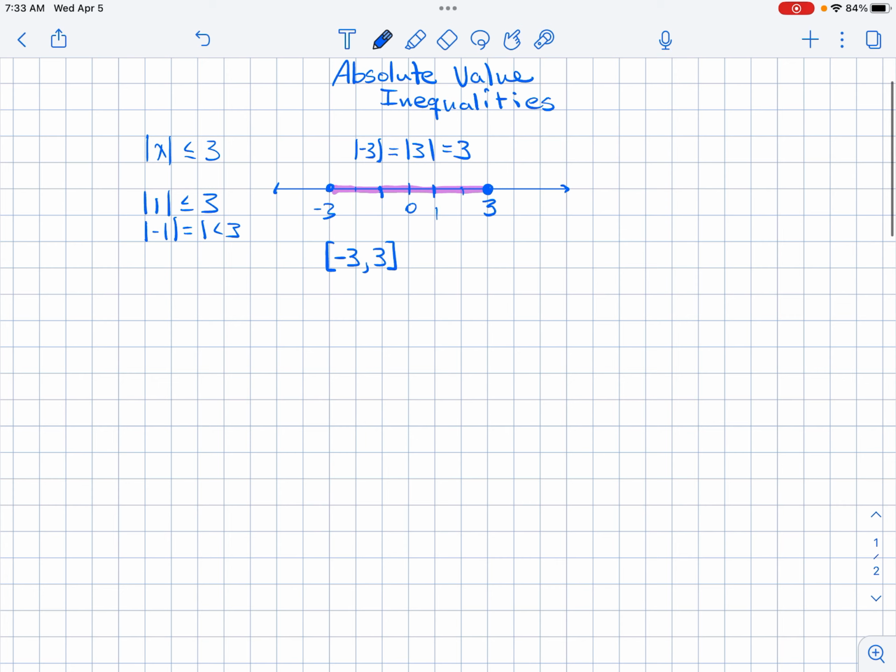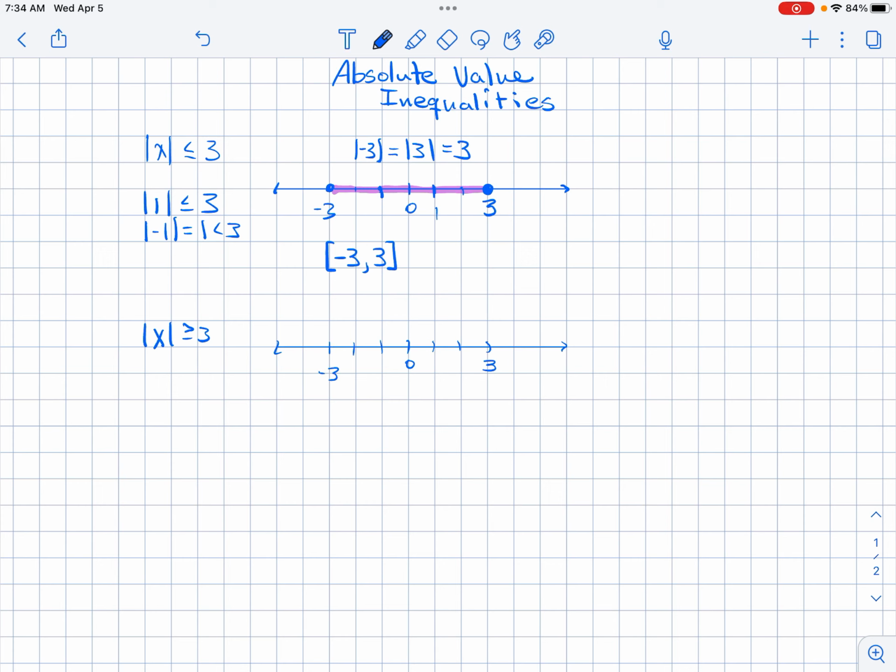Now, let me look at a little bit different problem. Let's suppose that we've got the absolute value of x is greater than or equal to 3. Okay, so we still could look at a number line. And we've got 0 here. Here's 1, 2, 3. And we're going to include 3 and negative 3 just like before.